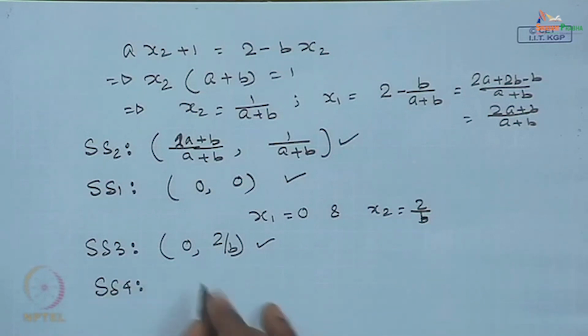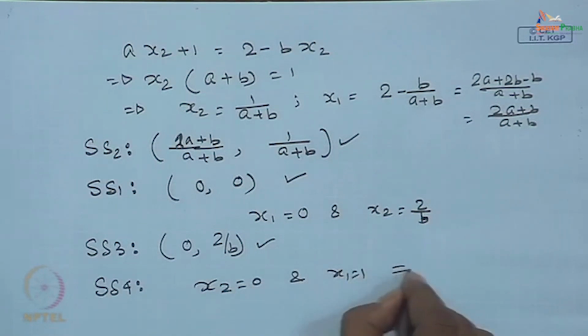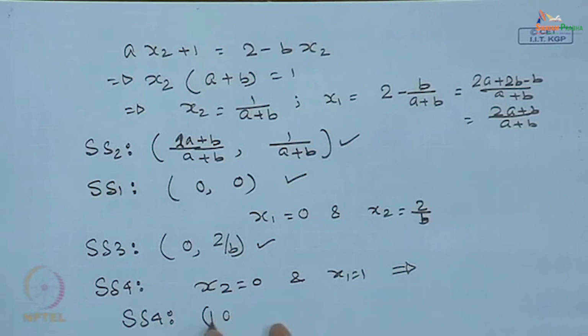If you look into the equations dx1/dt equal to 0 and dx2/dt equal to 0, you will see that x2 equal to 0 and x1 equal to 1 will satisfy both steady state equations. So, steady state number 4 is given by (1, 0). So, we can identify that there are 4 steady states in this particular problem.